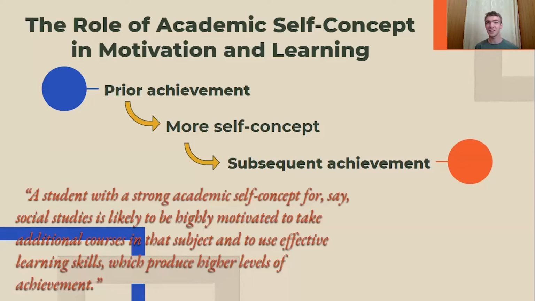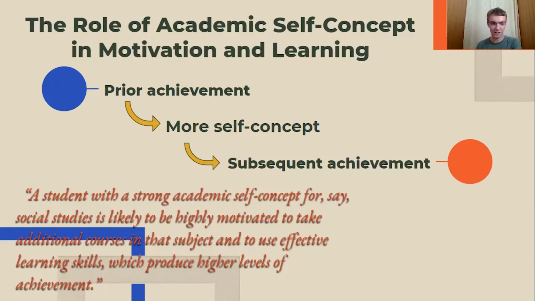I've had a lot of awkward conversations in the past, so my prior achievement was negative. So that led to less positive self-concept, which led to me in the future believing I was bad at talking to people and having even more awkward conversations because I just thought awkwardness was a part of my personality.